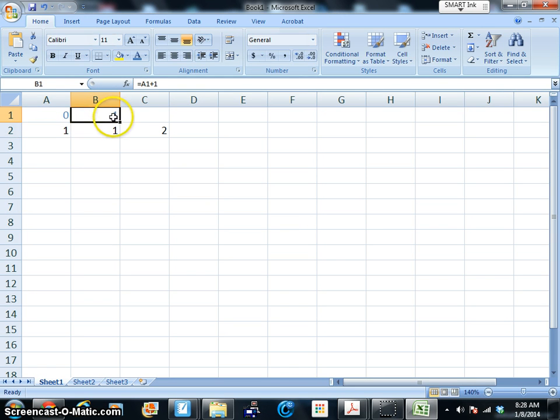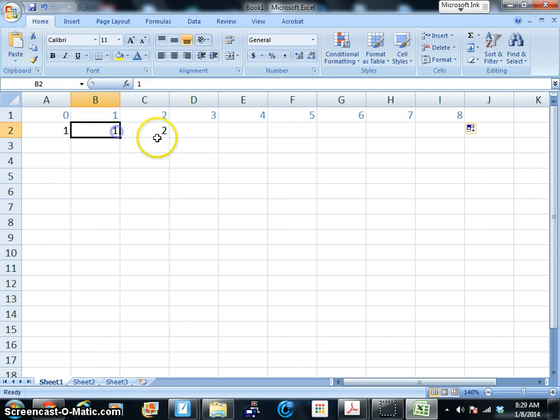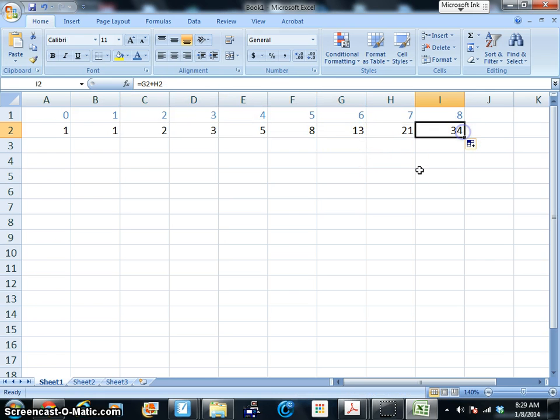That way it adds it. If I take my cursor and put it over this little square at the lower right hand corner of that little box and drag it to the side, I automatically have numbers that go up. Now, if I do the same thing here, it applies the same thing. And you can see as the sequence started moving on, it's exactly what we had before.